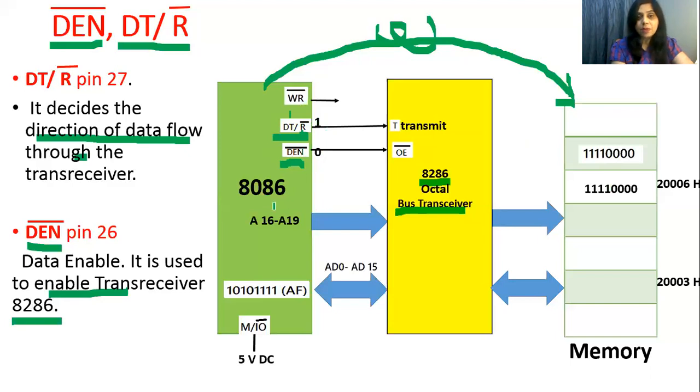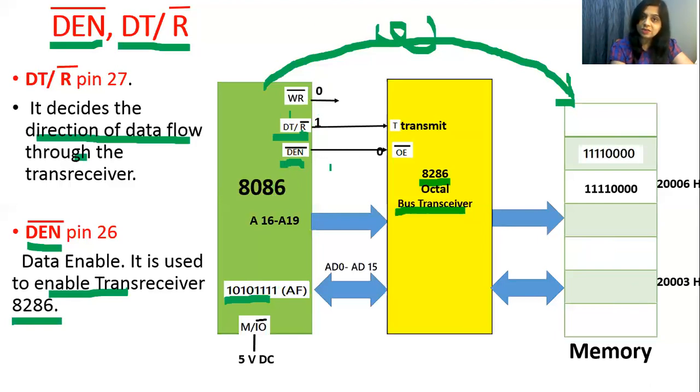Let's take an example that 8086 wants to write into the memory. Suppose this is a 1 byte and 8086 wants to transmit this byte to this memory. That means 8086 wants to write. Write means transmit, and for transmit it should be 1. Now it is a write operation, so the write bar pin should be at logic 0. So what happens?